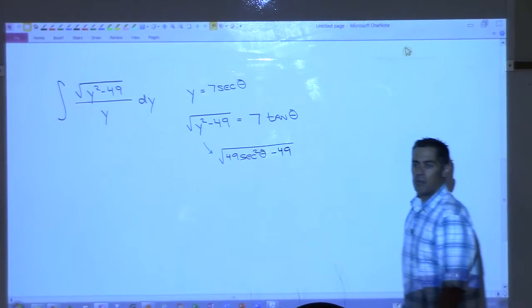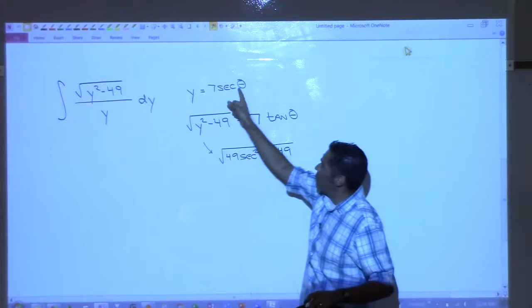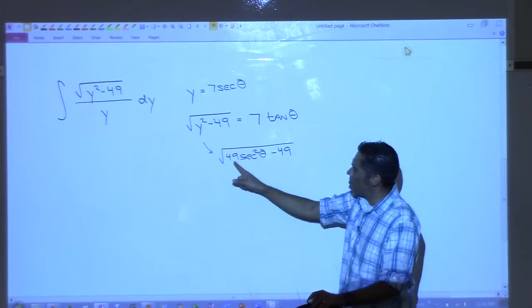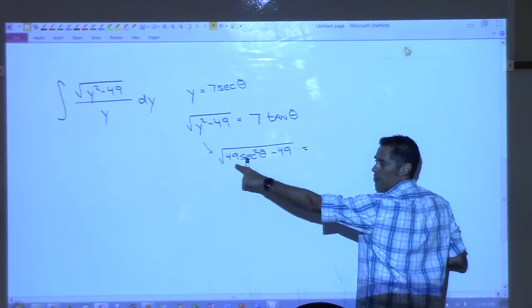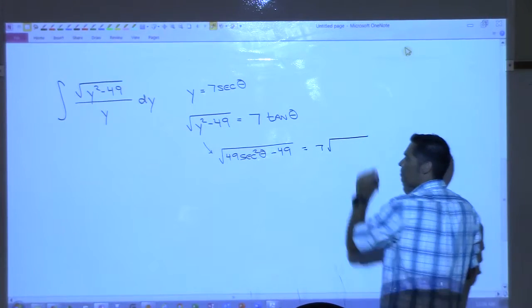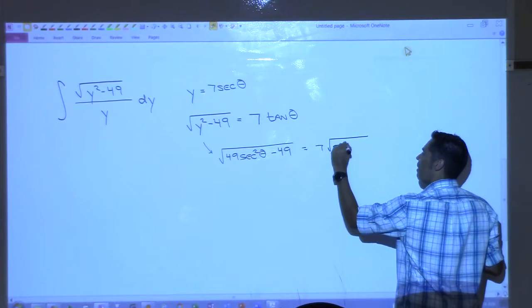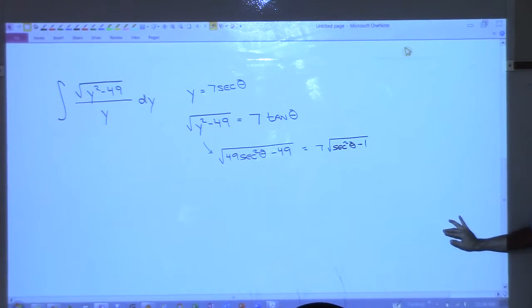So this square root of y squared minus 49 becomes this. Now I can take a 49 out of both, and the 49 out of the root, which is a 7. What would still be underneath that root? Secant squared theta minus 1. But that's a Pythagorean identity. That's tangent squared theta.